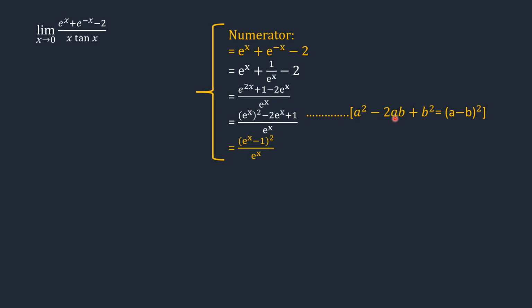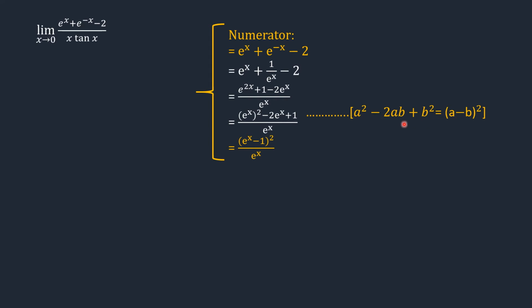According to the identity that we have, a squared minus 2ab plus b square is a perfect square expression because we can write it as a minus b whole square, where a is square root of a square, b is square root of b square, and the minus sign is the minus sign of the middle term.